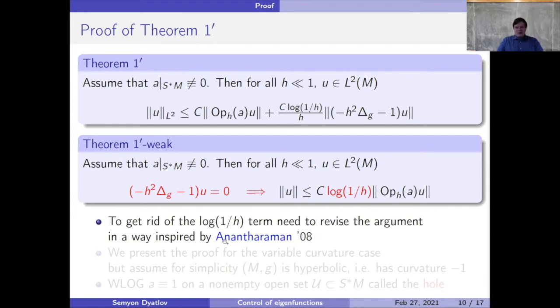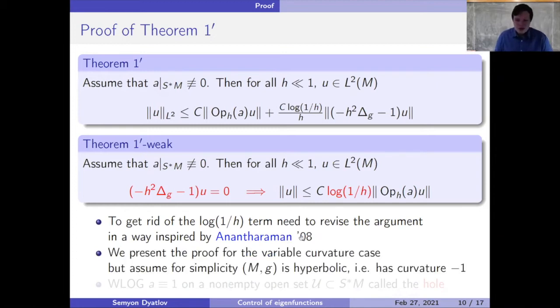And that follows the strategy that was inspired by Anantharaman and Nonnenmacher's original entropy paper back in 2008. And also, I'm going to present just parts of the proof. I want to explain what happens in the variable curvature case, but for simplicity, I'm going to still present it in the hyperbolic situation where you have curvature -1, because then my constants get easier.